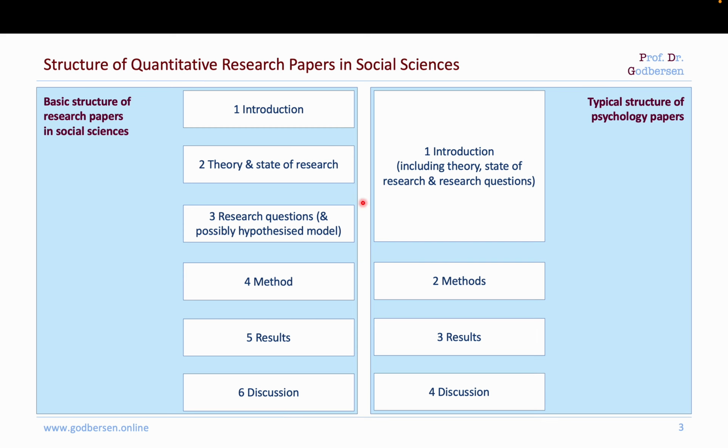But the first 3 sections of the left-hand table of contents are integrated into the introduction. That is rather the theory part in psychology. So your theory, state of research, and the last subsection is research questions. So you might have a different numbering, but the structure is virtually always the same.